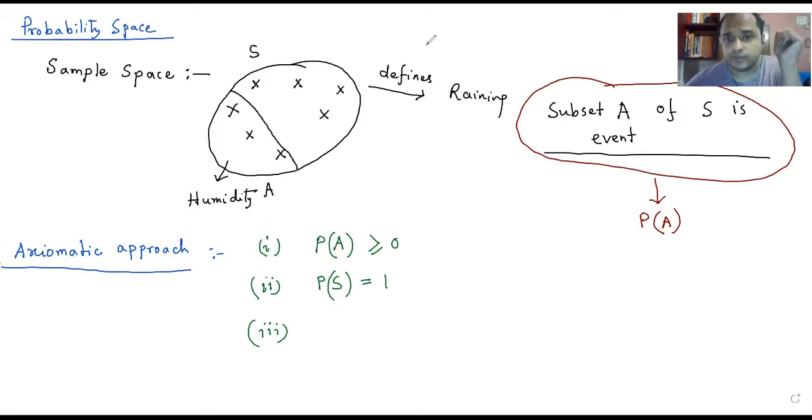Before I write the third axiom, a quick prerequisite. Now I'm talking about sets. Suppose we have two sets, capital A and capital B. Whenever I say that an element belongs to set A or set B or both, we express this statement mathematically by the notation A union B. From the probability perspective, we say that either event A is happening or event B is happening or both.